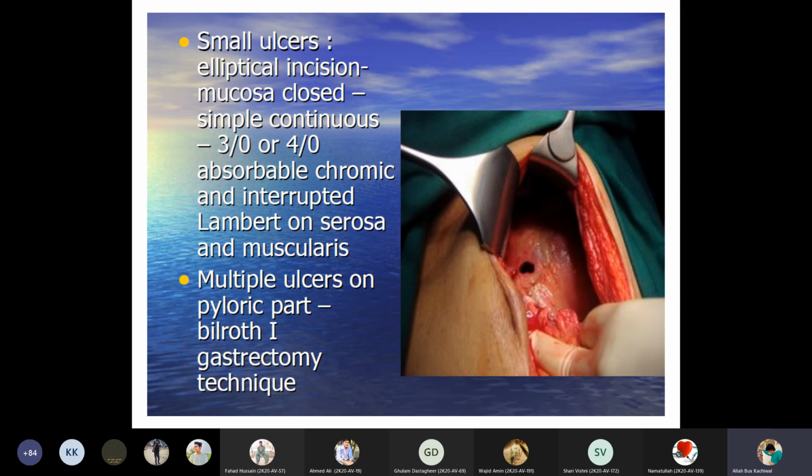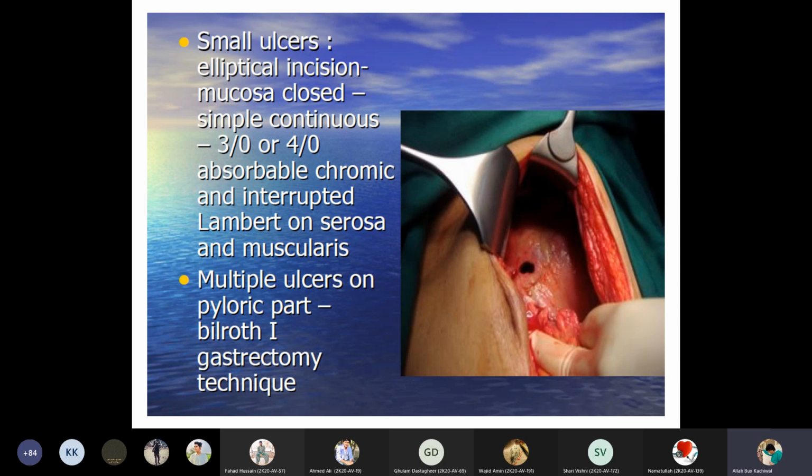Vicryl or PDS can be used for closure of the small intestine, and especially the stomach in dogs. Chromic catgut is contraindicated for closure of the stomach because dogs are carnivorous, and chromic catgut is made from the submucosa of the intestine of sheep.